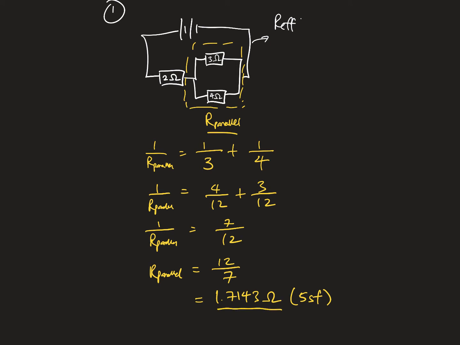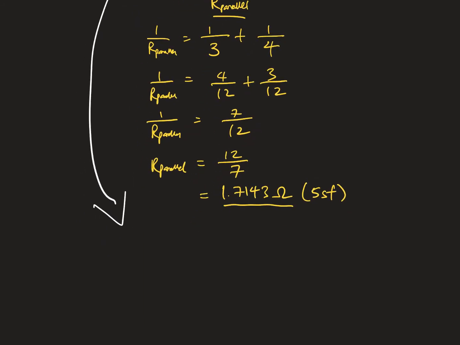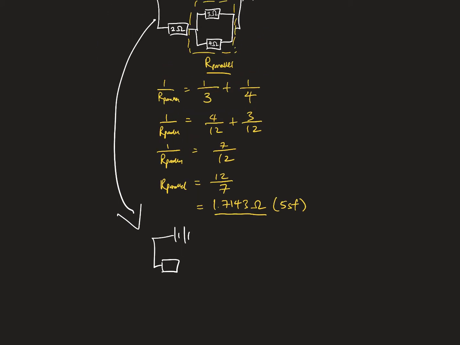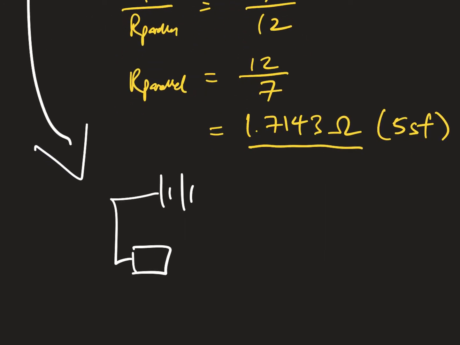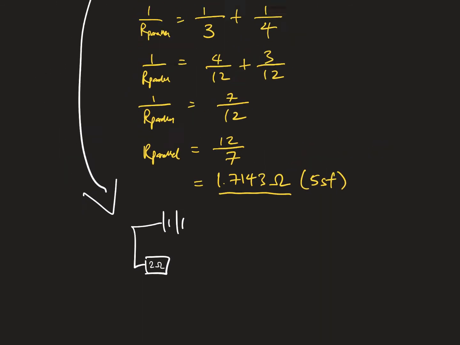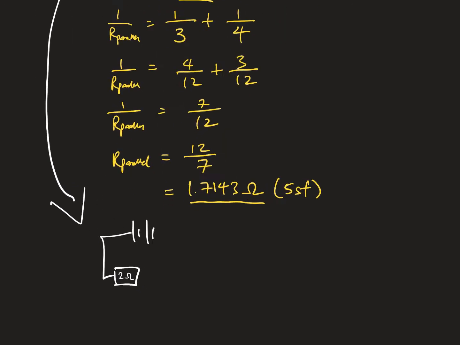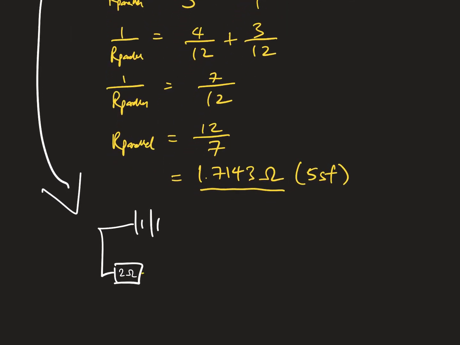That means I can actually rewrite or redraw this circuit like this. And there was 2 ohms. And the R parallel side, the 3 and 4 ohm resistors, actually can combine, to give me, okay, there's not enough space, but this is 1.7143 ohms.